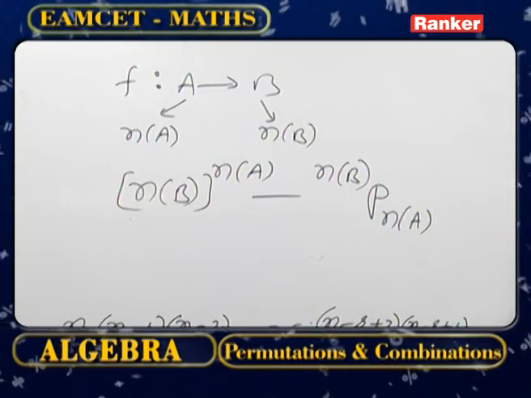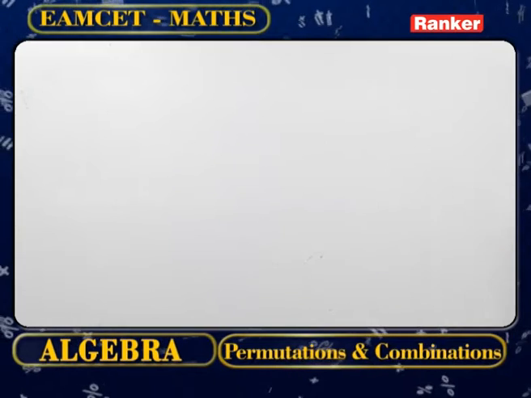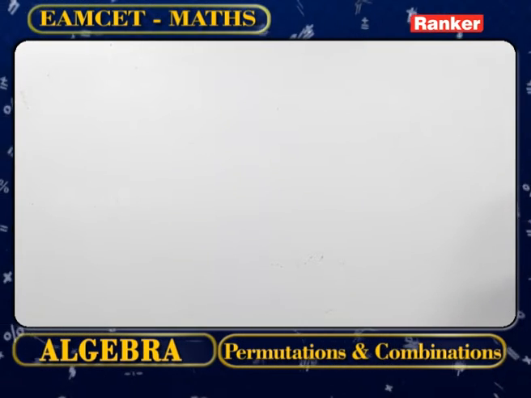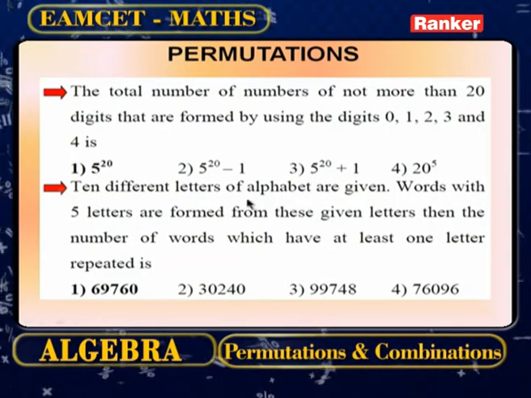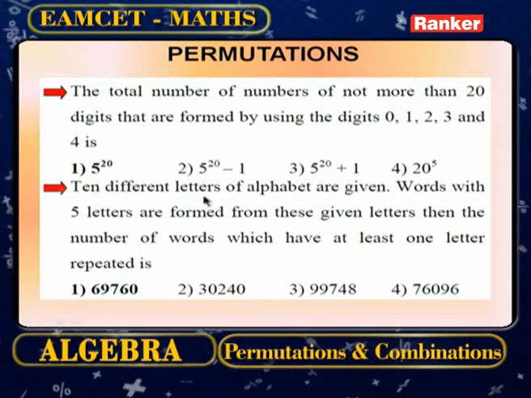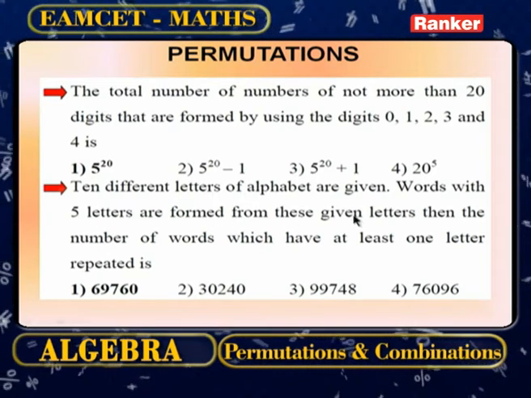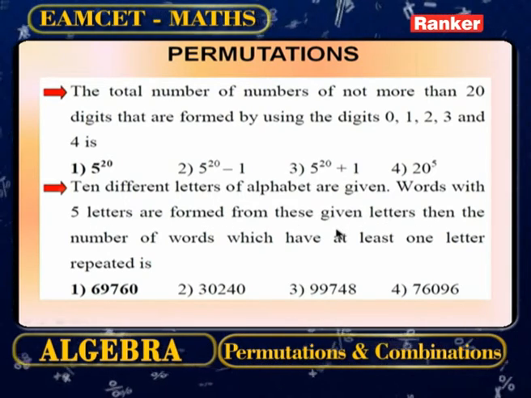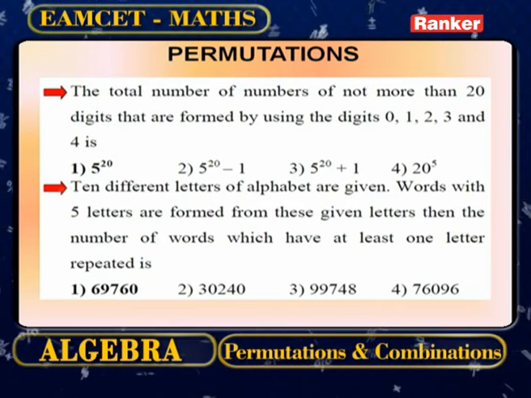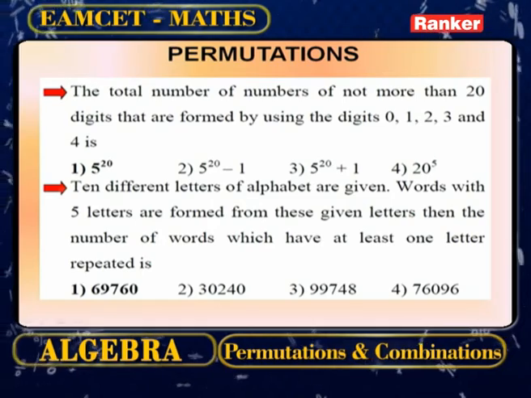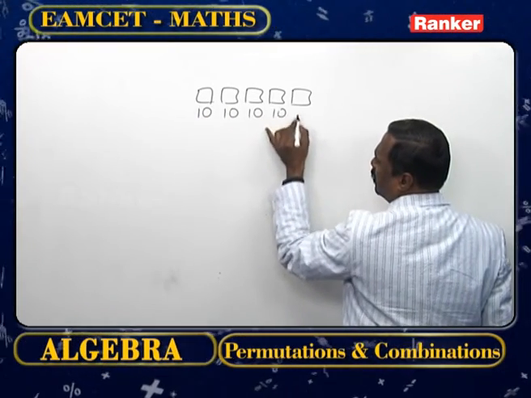So what is the next problem in which this is to be applied? How many alphabets are given there? 10 different letters of alphabet are given. Words with 5 letters are formed from those given letters. What does it mean? 5 different places are to be chosen. How many alphabets are there? 10 are there. So they can be filled in 10 into 10 into 10 into 10 into 10.